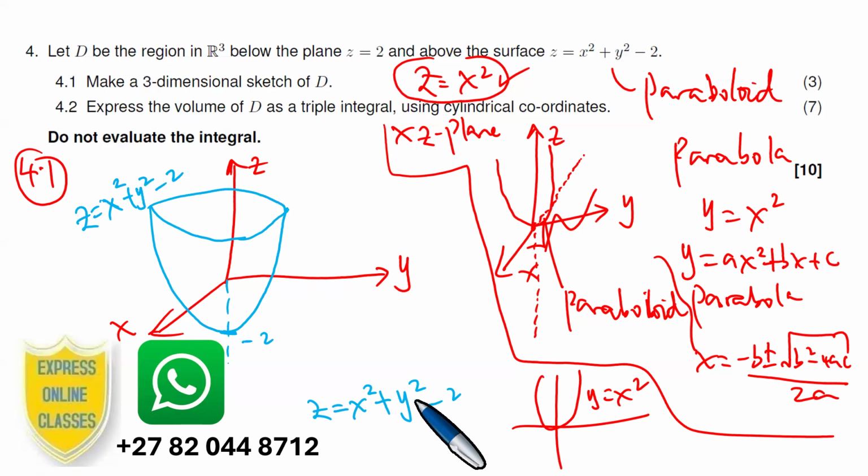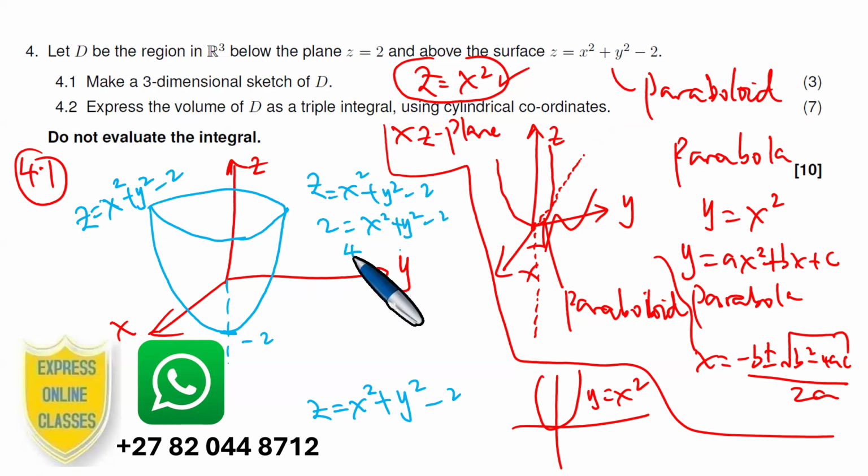Okay, but whenever Z equals 2, then Z is x squared plus y squared minus 2, which means that 4 is x squared plus y squared.